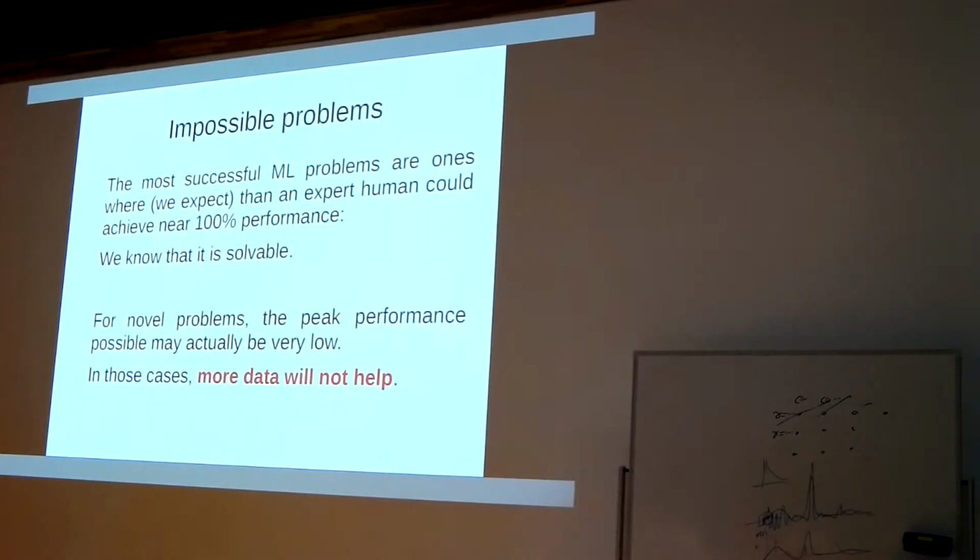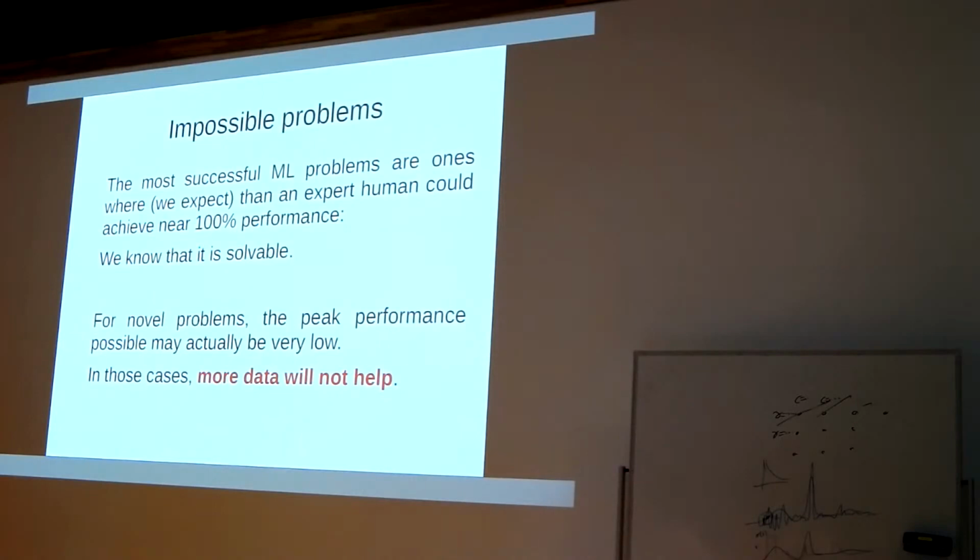That's fine if you're doing established problems. If you're doing something in the image classification domain, you're going to get good results pretty much. If you're doing something really new that people haven't done before, you might be working on a problem where peak human performance is not that high, and it may very well be that the ability of the optimal algorithm to perform well on that is also very low.